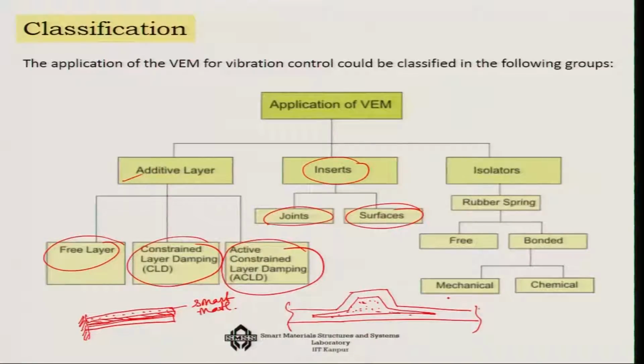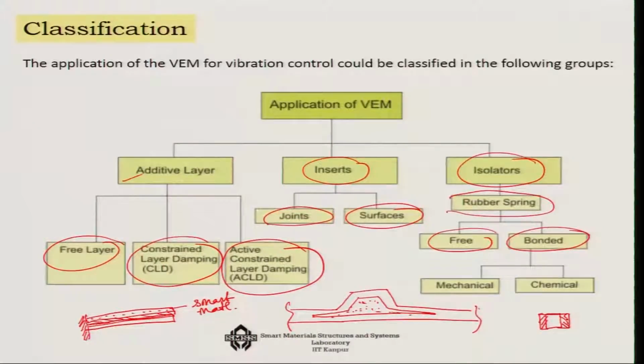Now, viscoelastic materials are also used in a large way for isolators like rubber springs. It can be a free spring, it can be a bonded spring. In case of a bonded spring, you have the viscoelastic material, and on two sides you have the metal casing which is bonded with it.